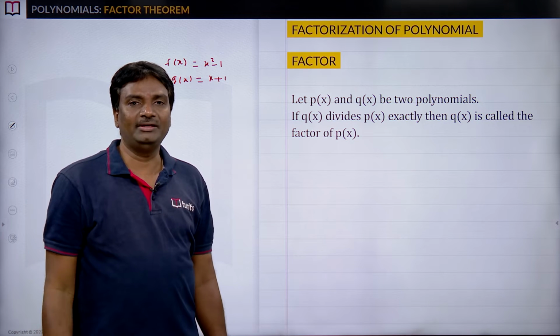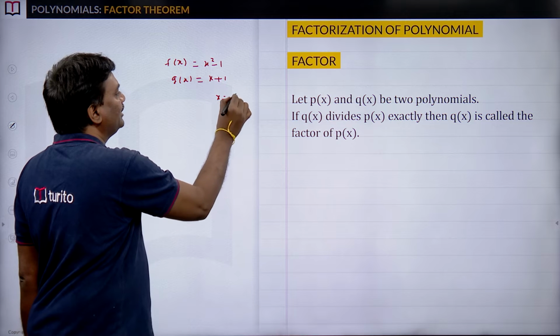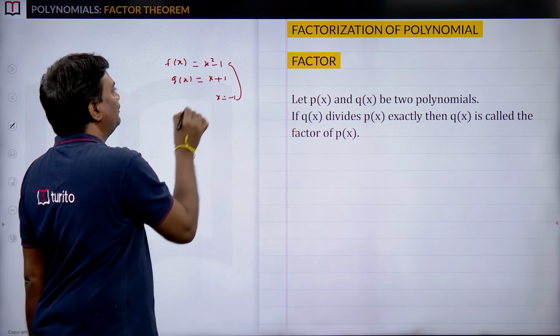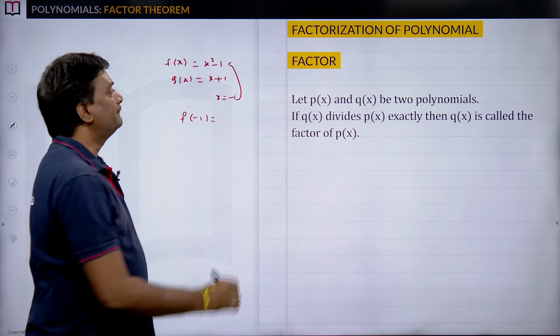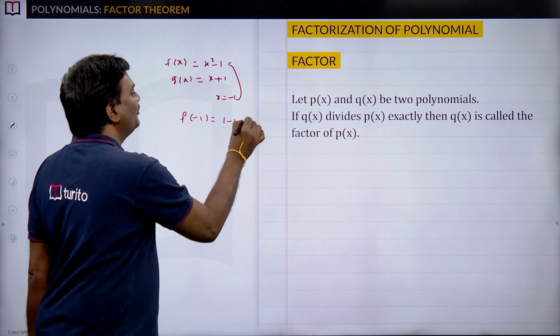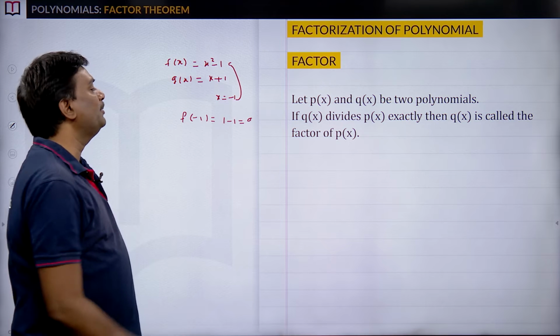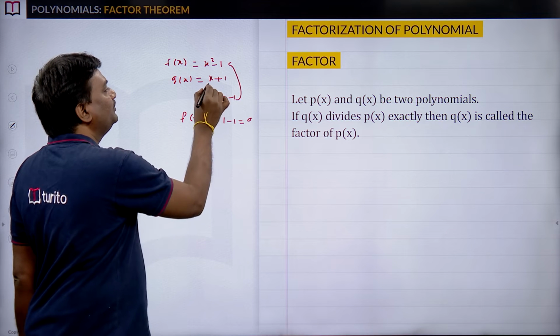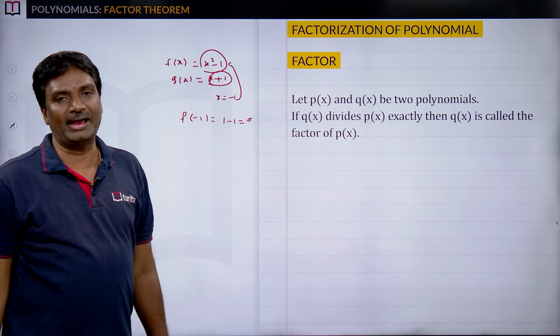Just you can apply factor theorem. Here we have x plus 1. That's why you can take x equal to minus 1 here. So, then what will you get? F of minus 1 equal to minus 1 square 1 minus 1 equal to 0. So, since in place of x by substituting minus 1 we got 0, then we can say x plus 1 is a factor of x square minus 1.